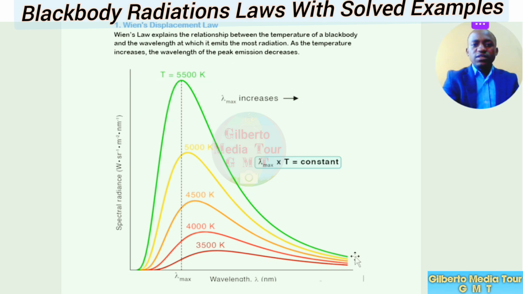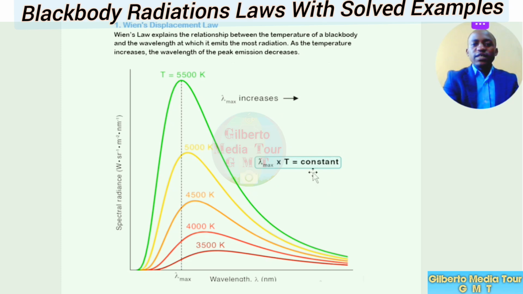It means that this body is at 5500 Kelvin, at this maximum peak, because on the y-axis you have the intensity, and on the x-axis you have wavelength. It means that at the highest peak, the body will have the highest intensity. The highest intensity corresponds to the lowest wavelength.